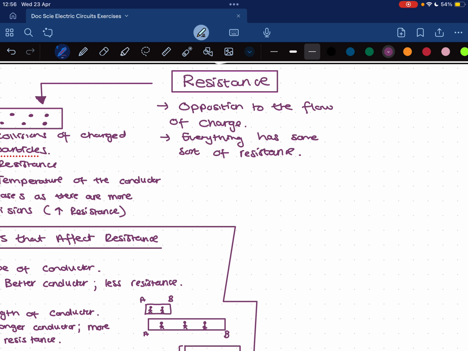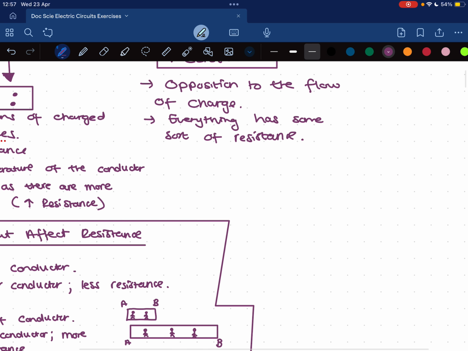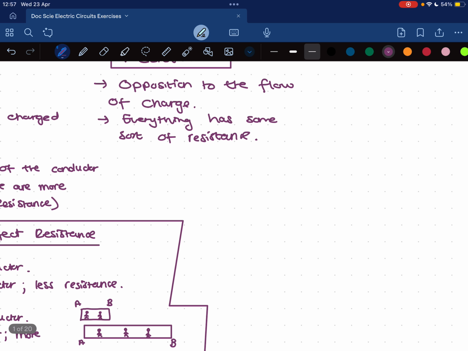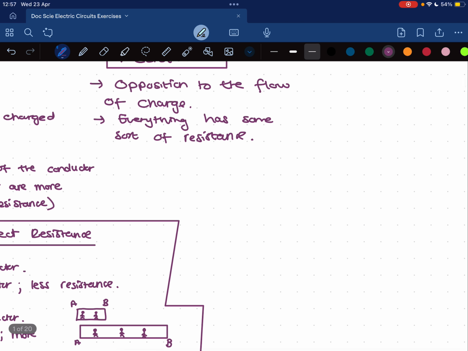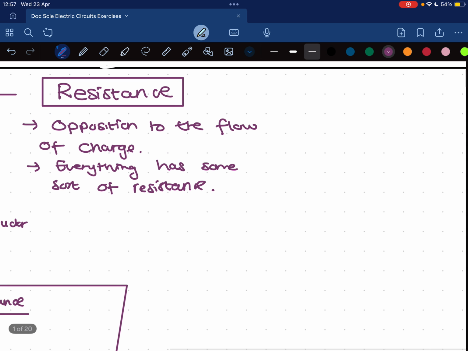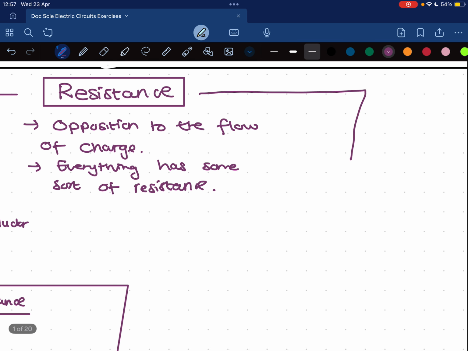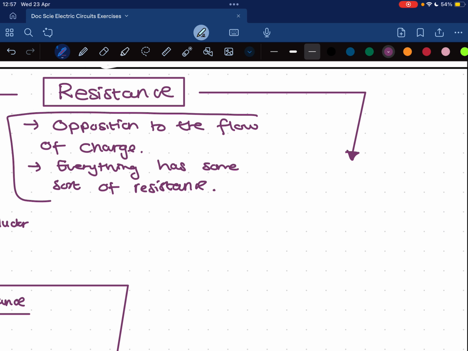Okay, so looking at the relationship now. Resistance is essentially this constant that looks at a ratio between the potential difference and the current that flows through it. Now that we understand what resistance is, we need to look at what that means for the other two concepts that we've already discussed.